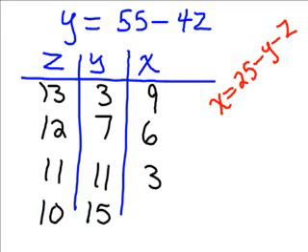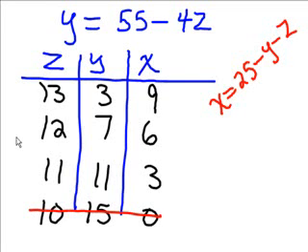And then 25 minus 15 minus 10 is 0. So that is not a feasible solution because the problem stated that you had to use one of each kind. So we are finished now, and I know if the next time I plug something else in, x is going to go negative. These are the three feasible solutions to that problem.